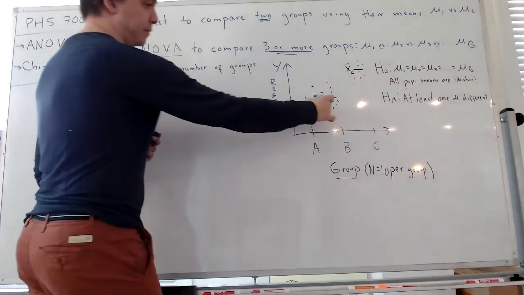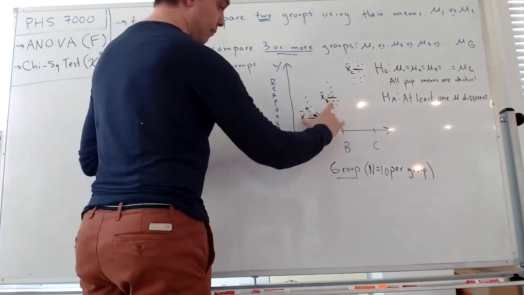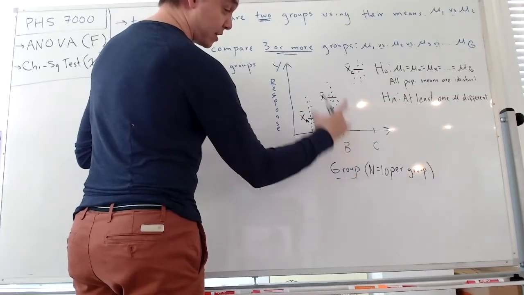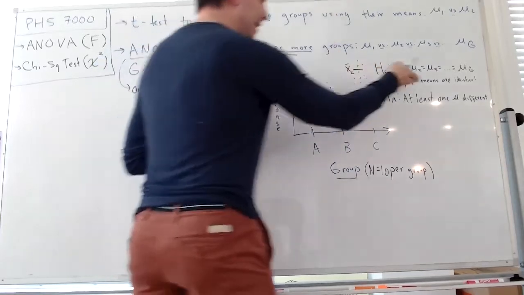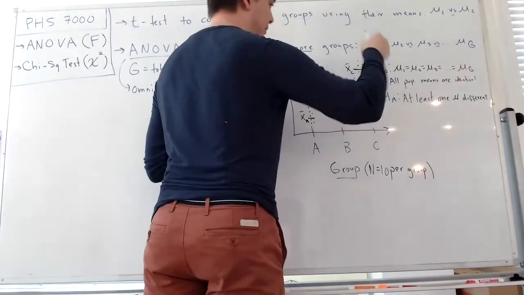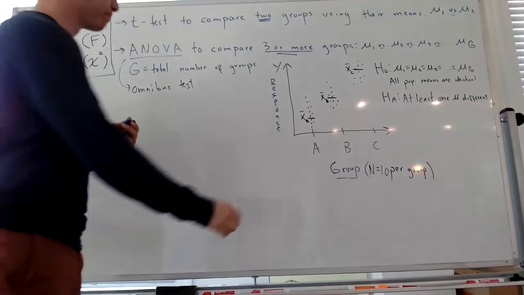I now may have figured out that, well, maybe these two group means are no longer significantly different, but maybe all of them are still different from C. So this might reject the null hypothesis, because our null is that all of the population group means are the same.